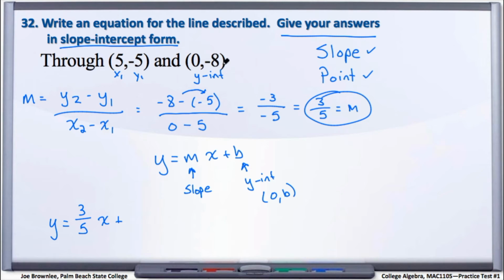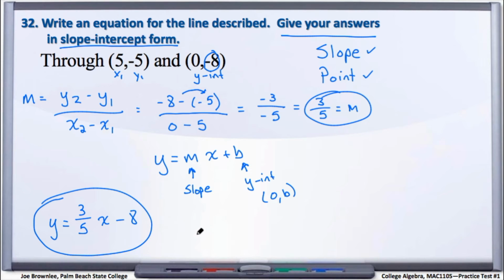Well, what is b? b is -8, isn't it? So we can say, not plus b, minus 8. And there we have our final answer in slope-intercept form. The equation of this line is y equals 3 over 5x minus 8.